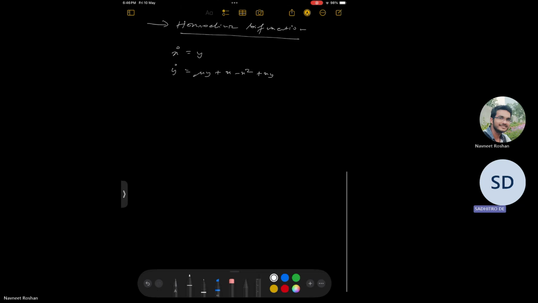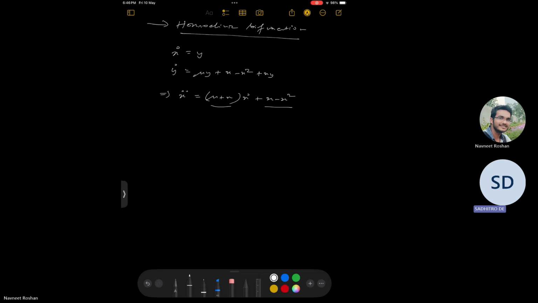Or if I write it down in terms of the 2D dynamical system, this is again the example of a nonlinear oscillator where both these terms are nonlinear. So this can give rise to a homoclinic bifurcation.